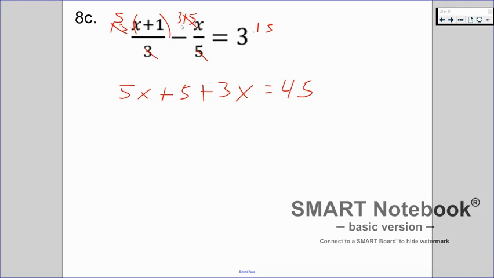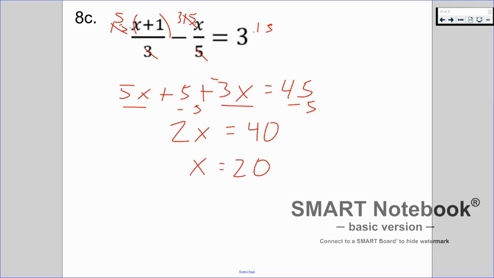So this was a minus 3x. So I want to make sure I get that to be a minus 3x when I look at my check. All right, 5x and negative 3x, those two together can get me to 2x. I'm going to subtract 5 from both sides while I'm here. So I get that equals 40. I divide and I get 20.